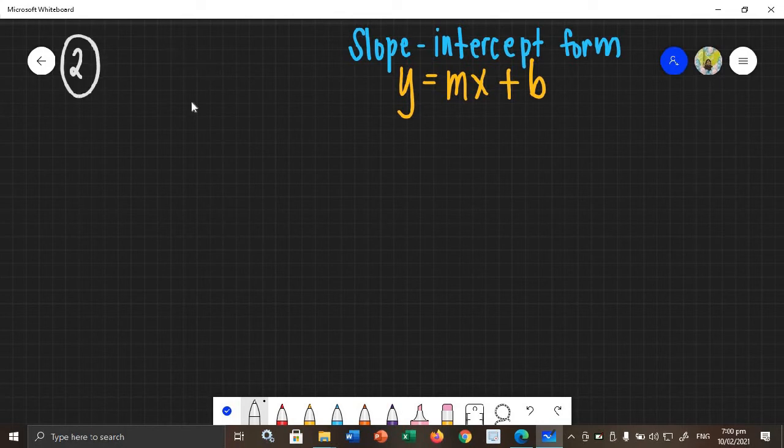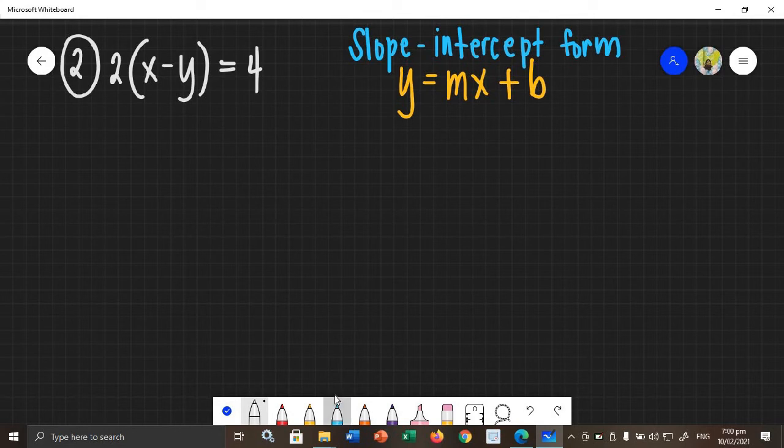So let's say we have example number 2, and then the given linear equation is 2(x minus y) equals 4. So as you can see, dito sa linear equation na to, meron siyang parentheses and hindi siya naka-standard form of linear equation, which is ax plus by equals c.